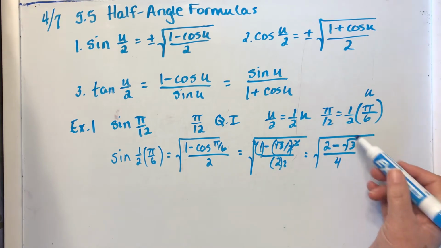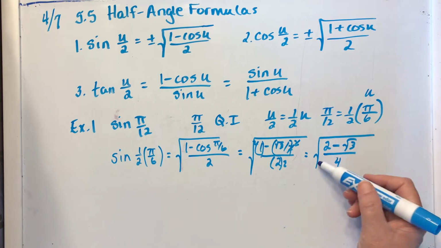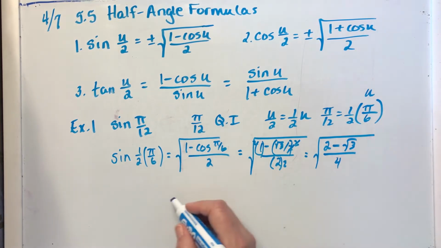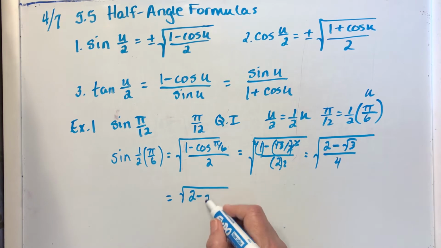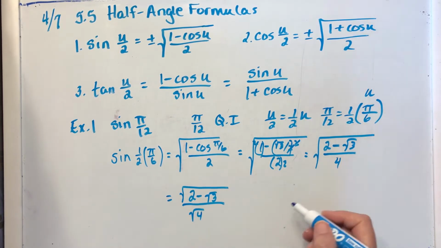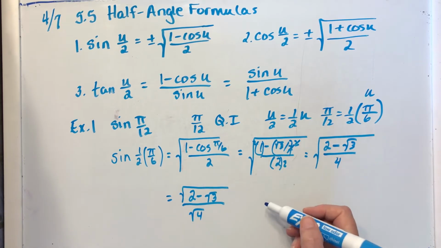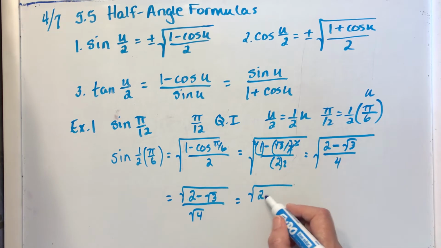And now there's actually one more step we need to do to simplify this square root. The square root of a fraction, we can split that up and take the square root of the numerator, which is 2 minus the square root of 3, over the square root of the denominator, which is now a 4, from where we multiplied everything by 2. And the square root of 4 simplifies to just be 2.